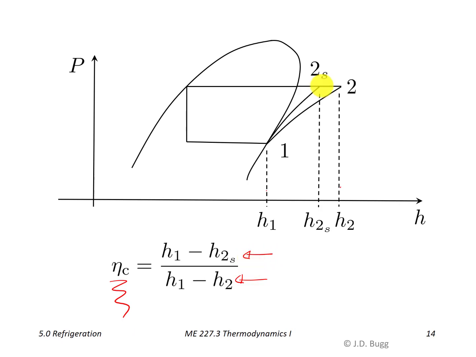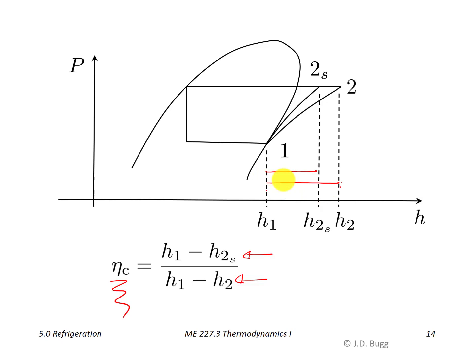Well, that we can get right off the pH diagram from dropping down from this point and getting a third value of the enthalpy. So notice the efficiency of the compressor you can actually estimate just from the relative length of this line and this line, or the horizontal separation between those points. So this distance divided by that distance is the efficiency of the compressor. So I would say here that's about 80%.